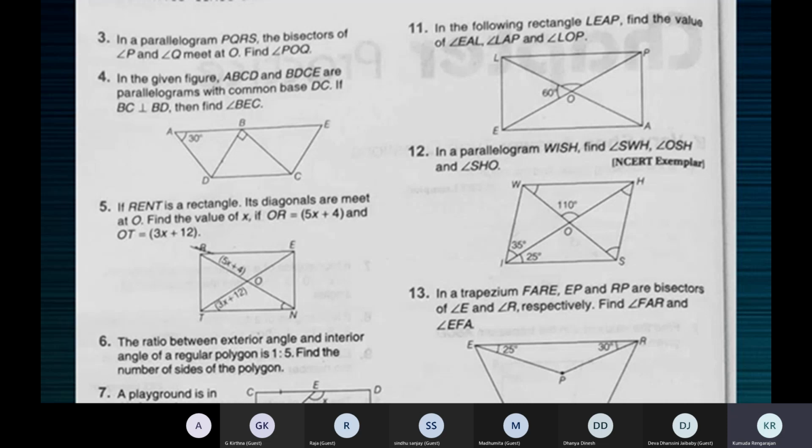The third one, children. 3. Please write the question first. Very important question.